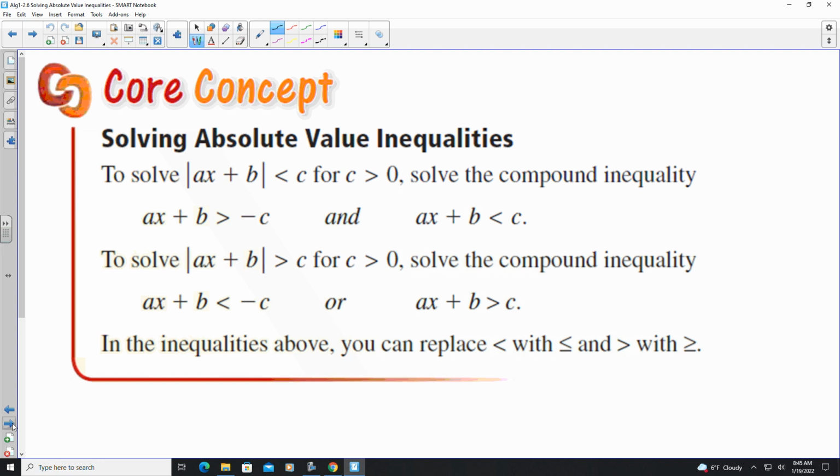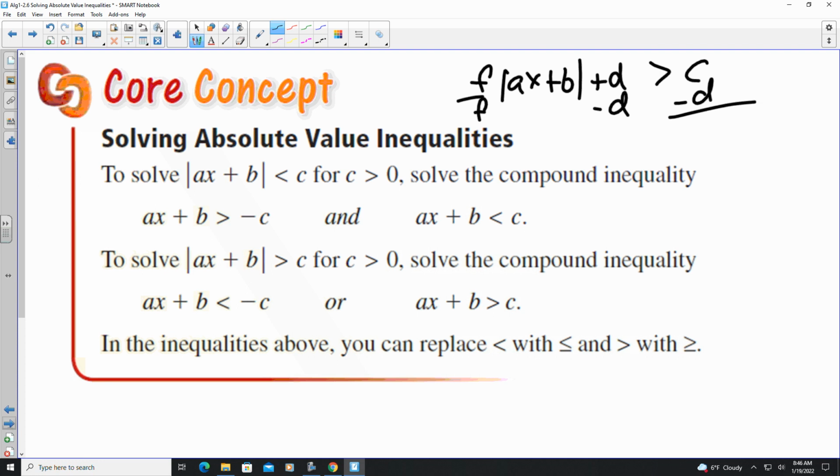So if there's anything on the outside of the absolute value, like for instance, they're using ax plus b inside there in this example, but if there was like a plus d or it was multiplied by f and you had an inequality like that was greater than c, you'd have to take care of all of those things here. So you'd have to subtract d from both sides, divide by f on both sides. You'd have to do all of those things in order to isolate the absolute value.